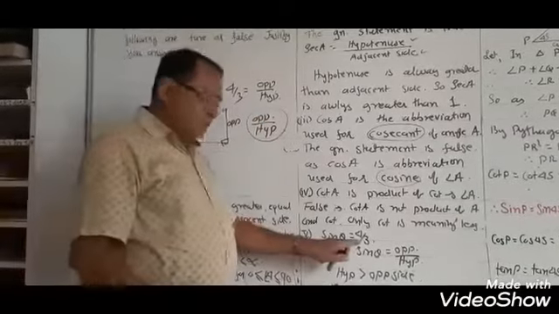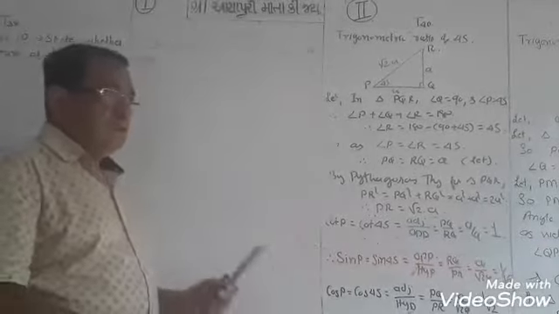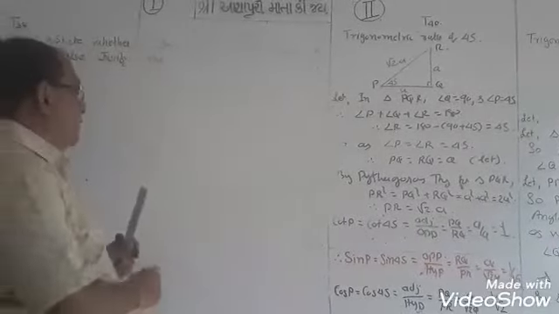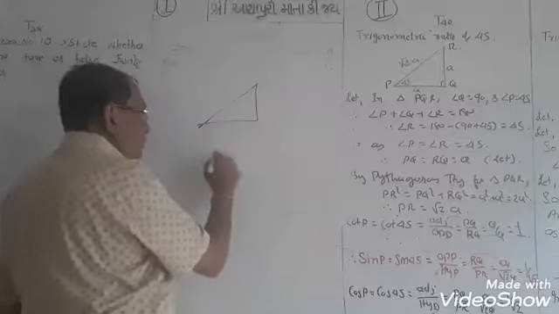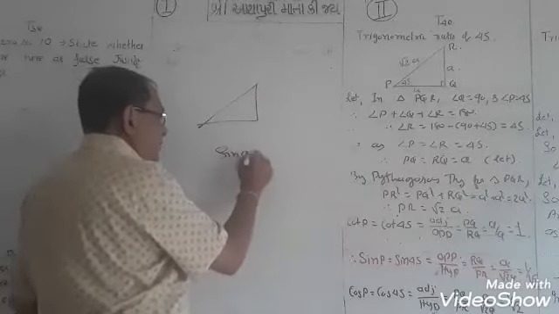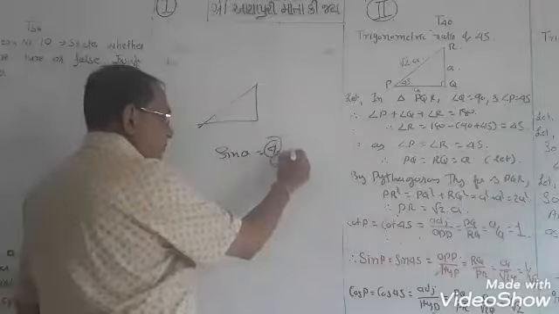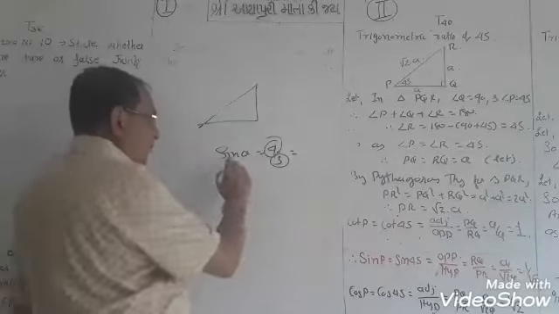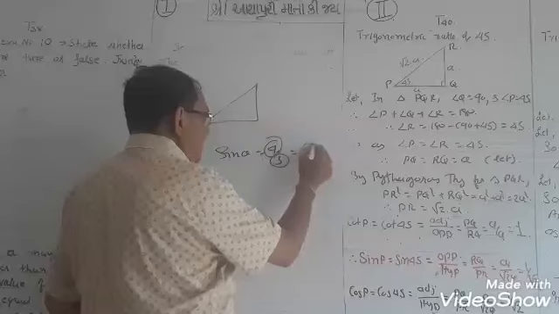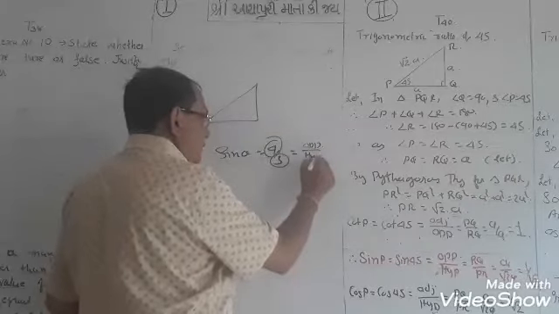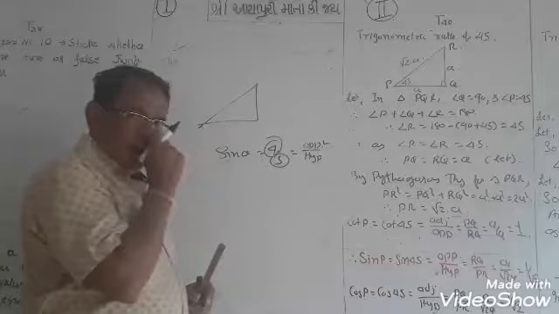That exercise is over. Sin theta is equal to 4 upon 3. 4 is greater than 3. That is wrong. Sin theta is equal to opposite side upon hypotenuse. Opposite side is always smaller than the hypotenuse.